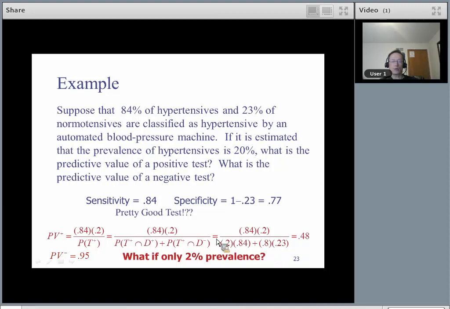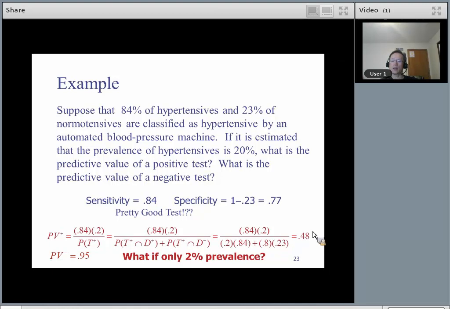So the predictive value of a positive test is the sensitivity times the prevalence over, again, sensitivity times prevalence, plus the complement of the prevalence, that's 1 minus the prevalence, times 1 minus specificity. So that's another formula. If you are provided sensitivity, specificity, and also prevalence, with these three numbers you'll be able to calculate the predictive value of a positive test.